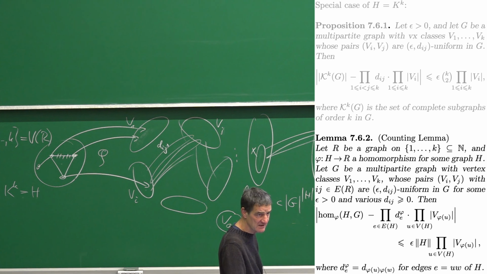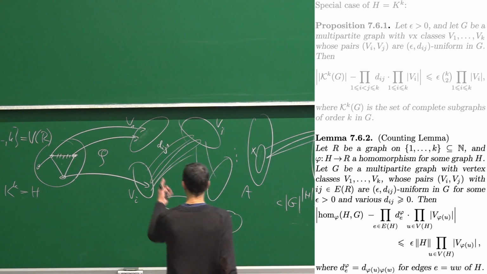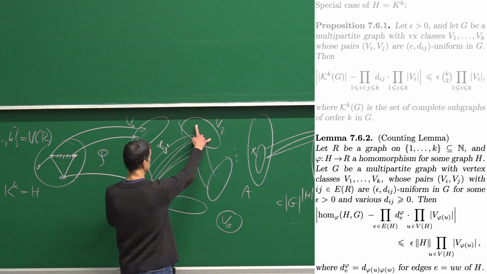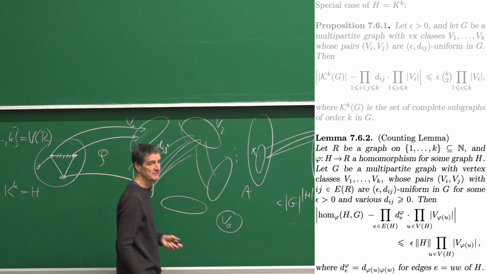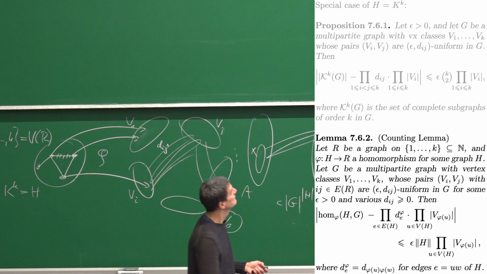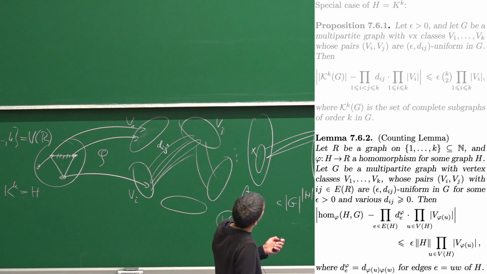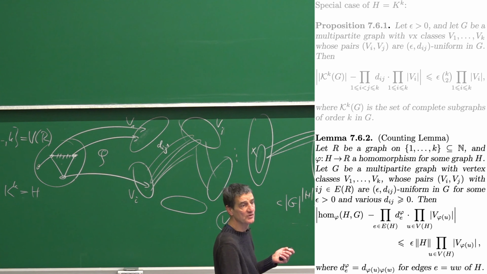For every ij, the pair Vi, Vj has to be epsilon Dij uniform for one particular epsilon bigger than 0. That's the same for all these pairs.